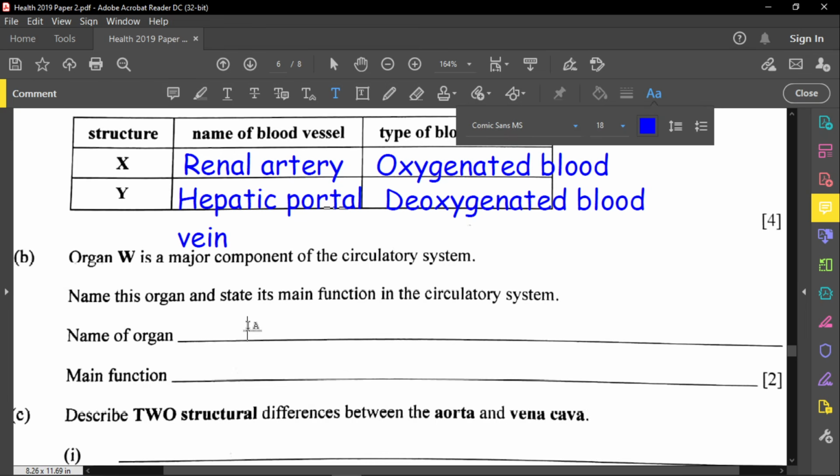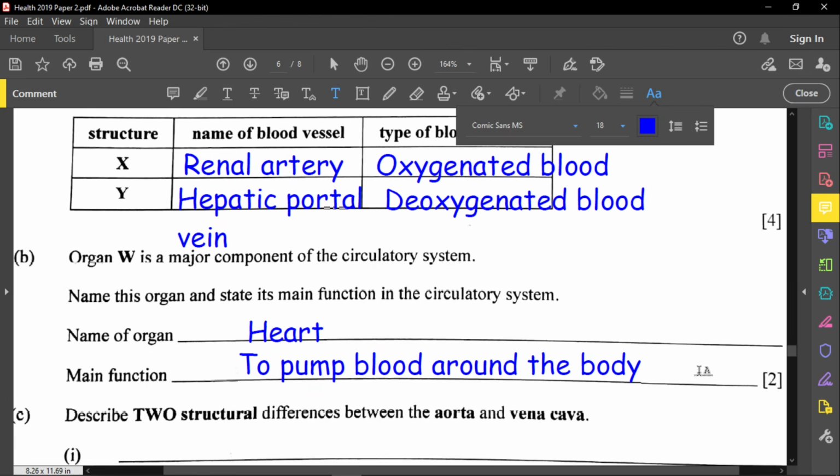So the main function of the heart here is to pump blood around the body.